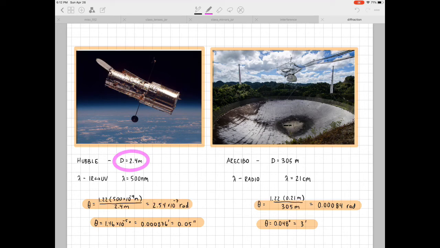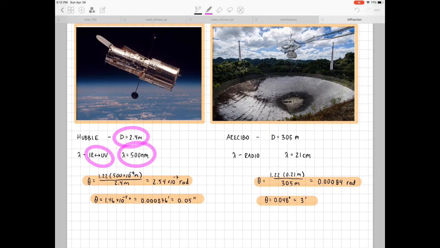The telescope is designed to observe from the infrared to the UV, and that's a range of wavelengths, but let's just say we want to characterize the diffraction limit for the Hubble Space Telescope if we observe in the middle of its capability range, so around 500 nanometers. That's roughly green light to your eye.